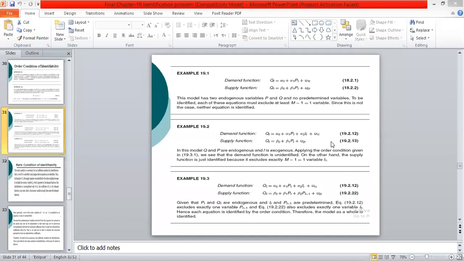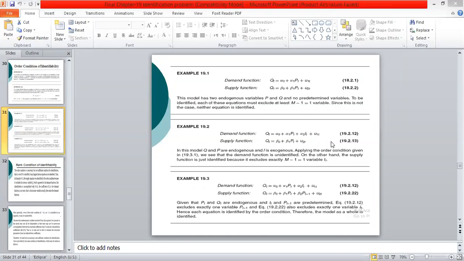So place this value into the formula and get the outcome. K minus k greater than or equal to m minus 1. Capital K 1 minus small k 0, 1 minus 0 greater than or equal to 2, that is the value of small m, 2 minus 1. After solving, we have 1 equal to 1.